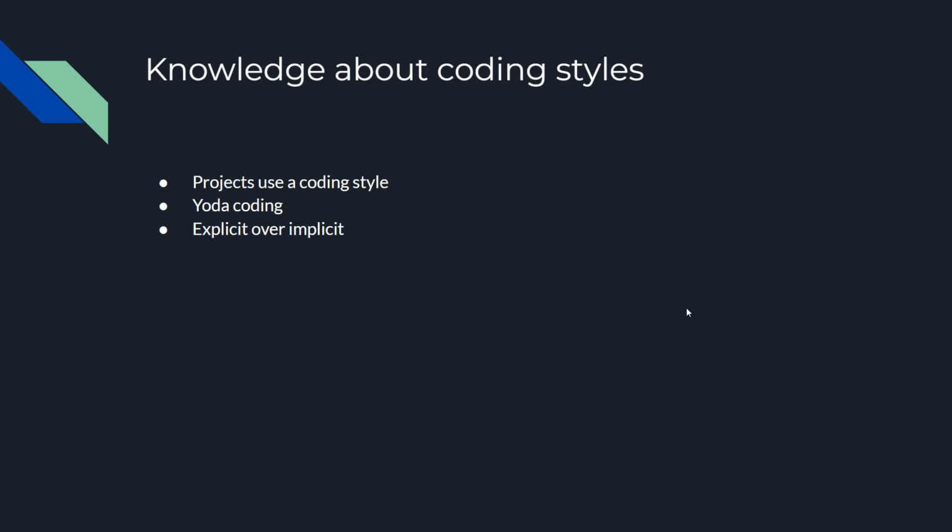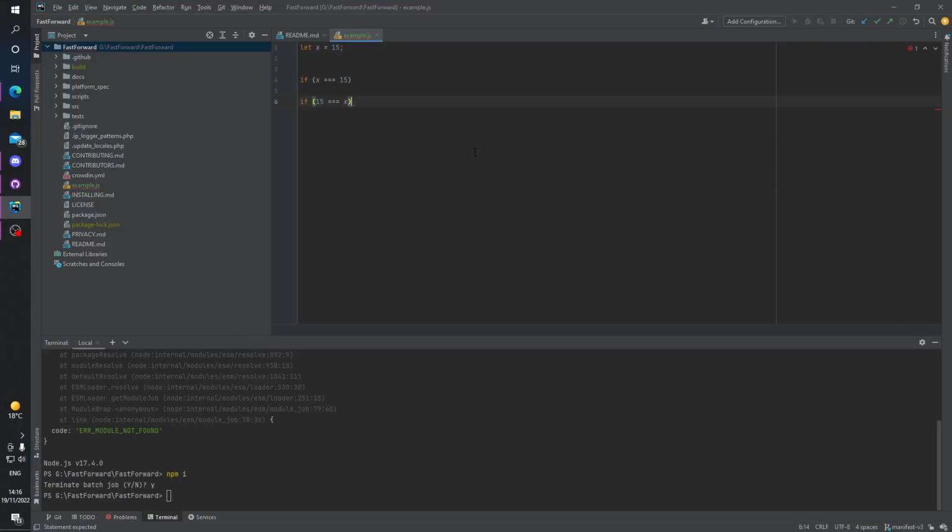There's also explicit over implicit. What I mean by this is, if you have variables, you can call them X and Y. That's great if they're latitude, longitude, because then you think of an XY coordinate.